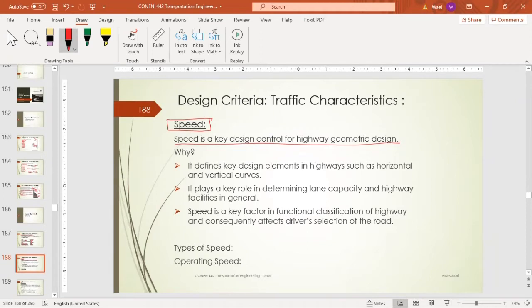It plays a key role in determining lane capacity and highway facilities in general. Speed is a key factor in functional classification of highways. So these are the three main reasons why speed is a key design control in highway geometric design.